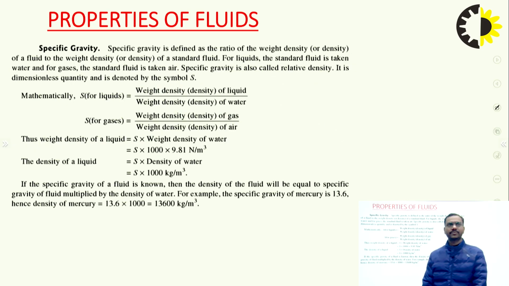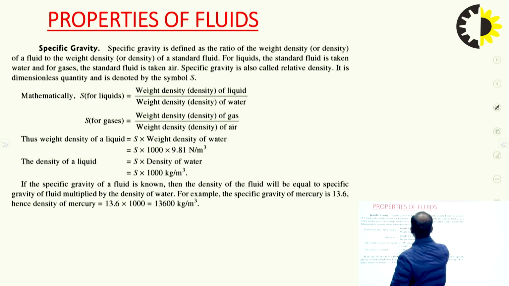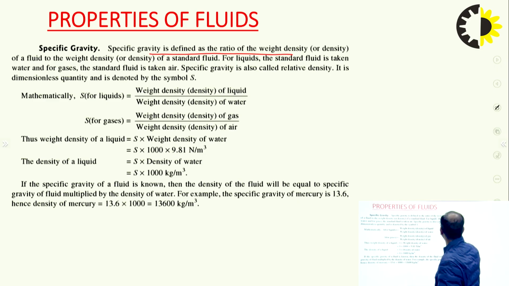Then the next property is specific gravity. What is specific gravity? Basically, specific gravity is defined as the ratio of the weight density or density of a fluid to the weight density or density of a standard fluid. For liquids, the standard fluid is taken as water, and for gases, the standard fluid is air.